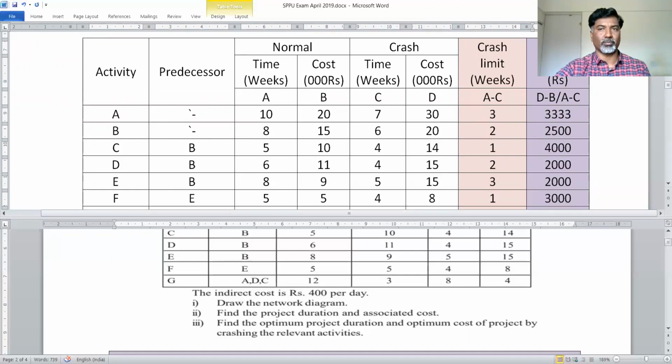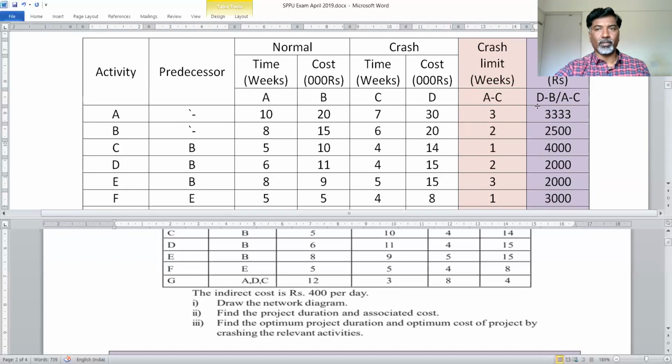That is the crash slope. The formula is crash cost minus normal cost divided by normal time minus crash time. If you do this calculation, you will get these values.